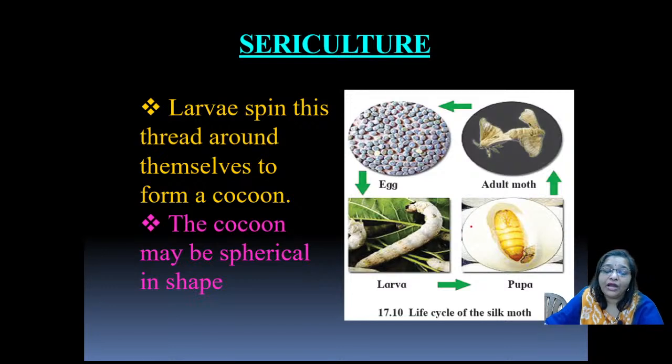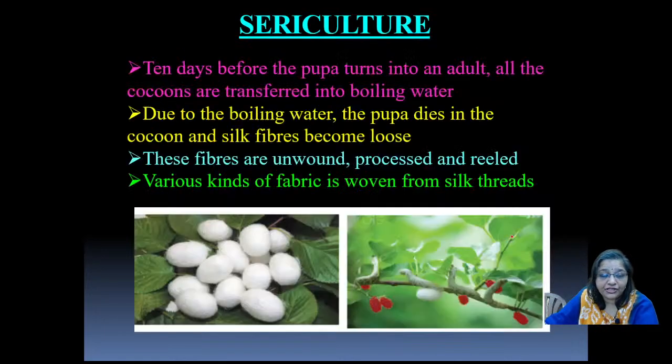The cocoon is very shiny and pale white in color. You can see here a cocoon which is kept for you to observe. Now this cocoon may be spherical in shape.